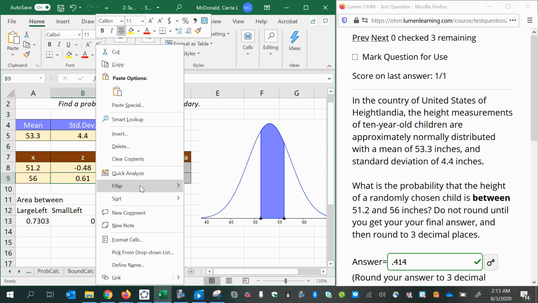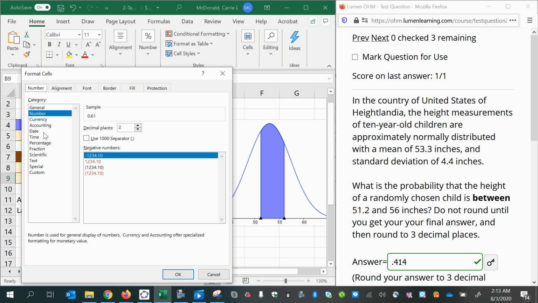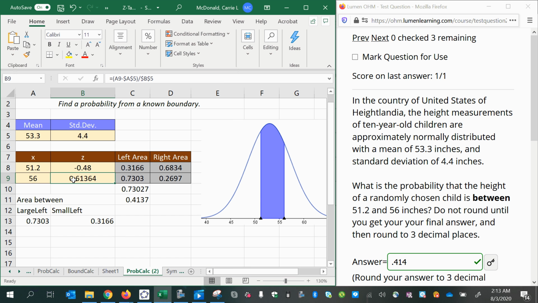If I show this to more decimal places, you can see that it's a little different there. So that's the explanation for why there's a slight difference in the probabilities, but it's close enough that it works.